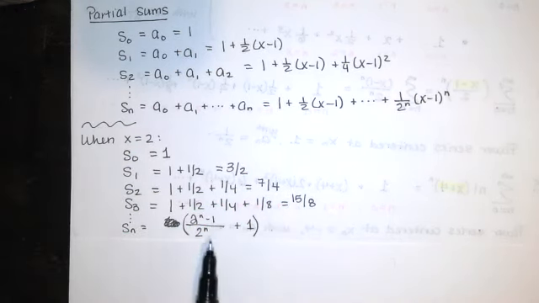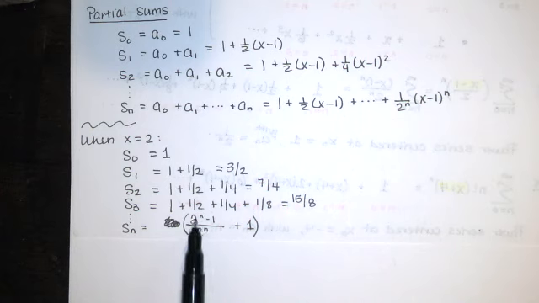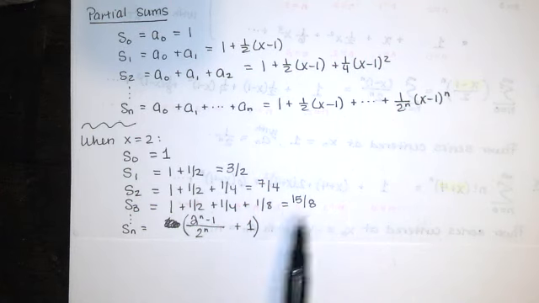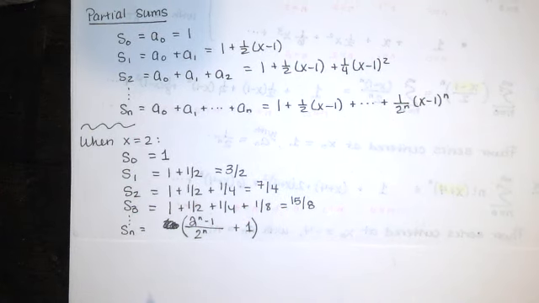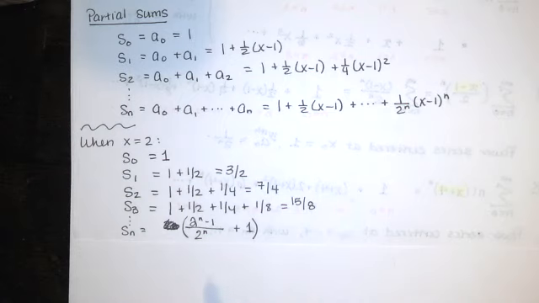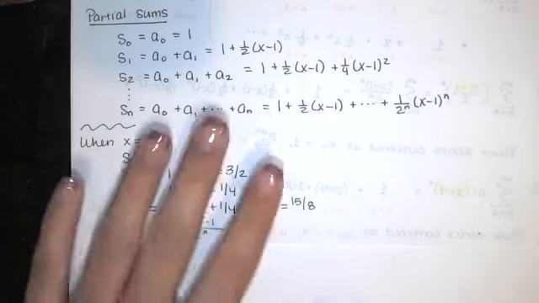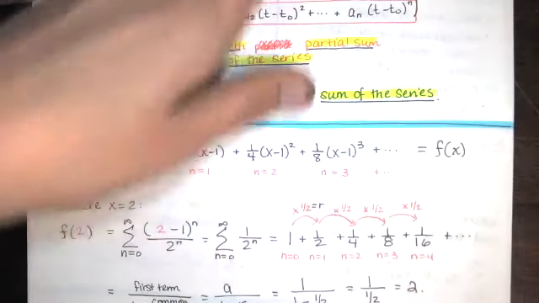Maybe that's a little hard to see. So when n is equal to 3, I'd have 7/8 plus 8/8, which gives me that 15/8. When n is equal to 2, I'll have 3/4 plus 4/4, which gives me the 7/4, and so on. So that's the nth partial sum for that series when x is equal to 2.